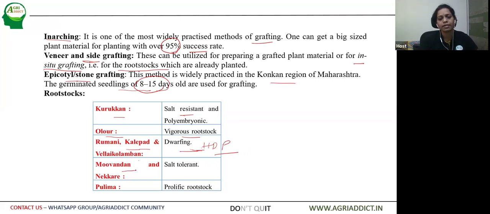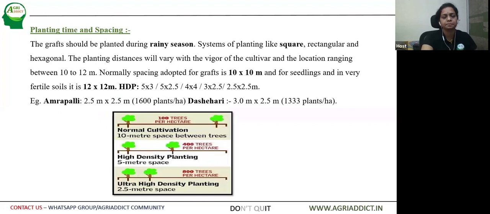Then we have other varieties like Muvandan and Bappakkai. They are salt resistant. Then Pulipuli, which is a prolific rootstock. So it is also very vigorous and the rootstock can be grown easily.